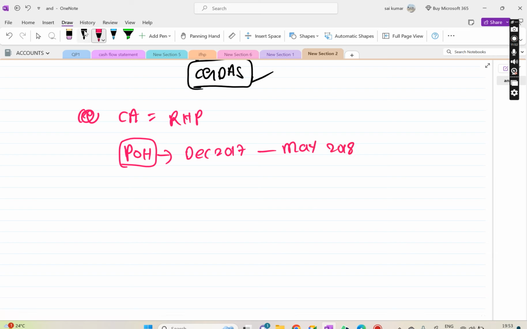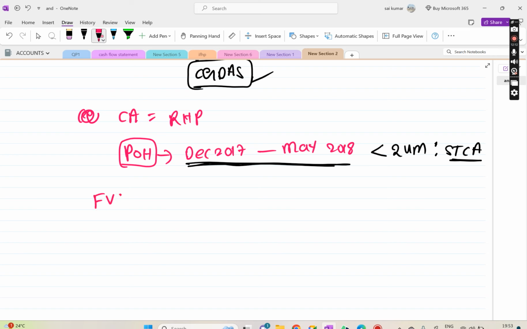It's an immovable property, so the limit is 24 months. Obviously this is less than 24 months, so it is a short-term capital asset.